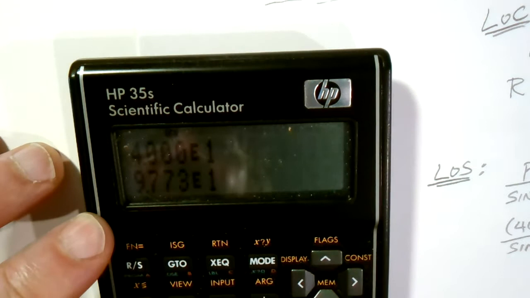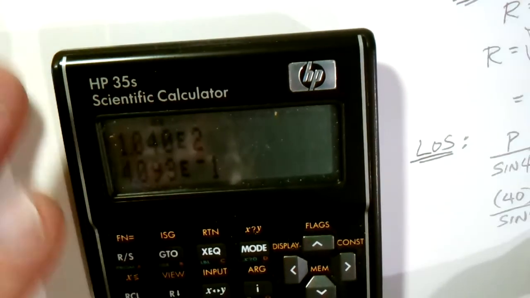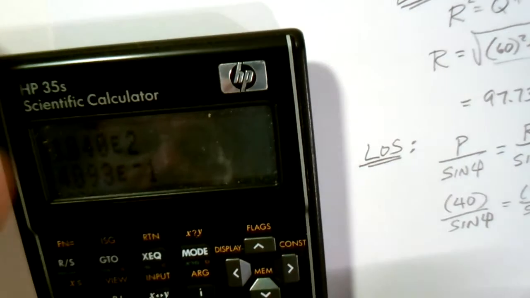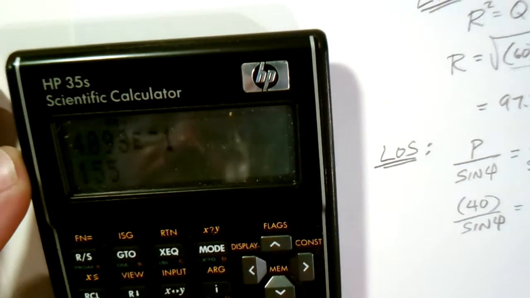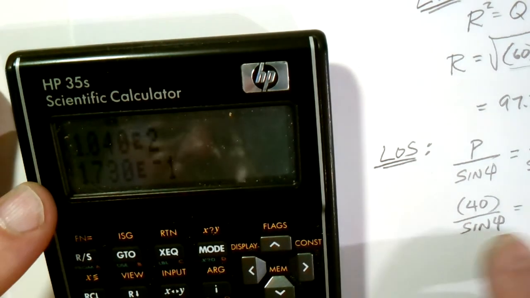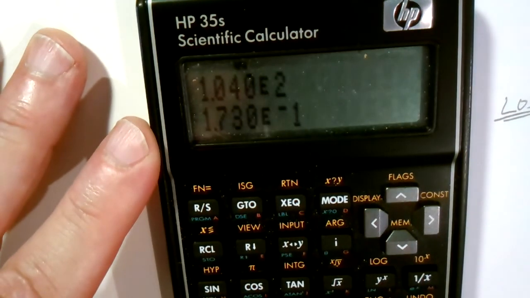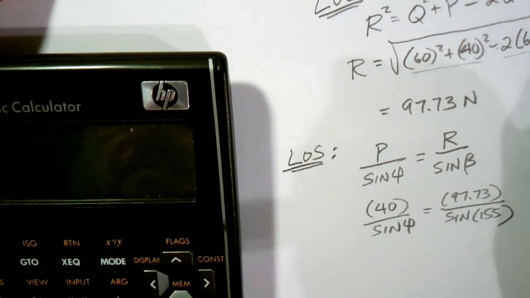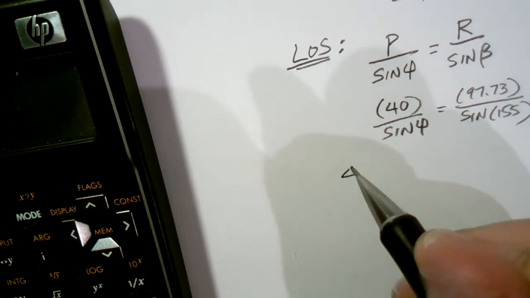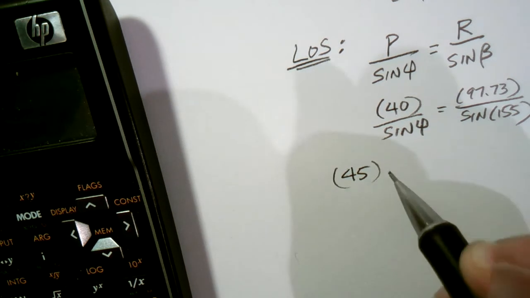So I want 40 divided by that, and I want to multiply by the sine of 155. Boom. And then I want to take the inverse sine of this. So I take my secondary button, inverse sine, and I end up with 9.961 degrees.